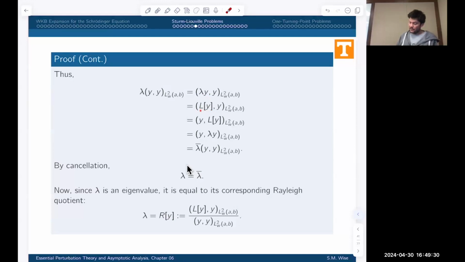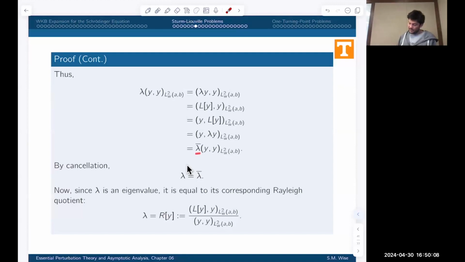But we know that L is a Hermitian operator, so L can hop from here over to here. Now we get y lambda there, correct? But remember, this gets complex conjugated. So that's where the conjugate symmetry aspect comes in. So lambda, when it comes back out from this second location, comes back out with a complex conjugate. That's because my second argument in my weighted L2 inner product is conjugated.